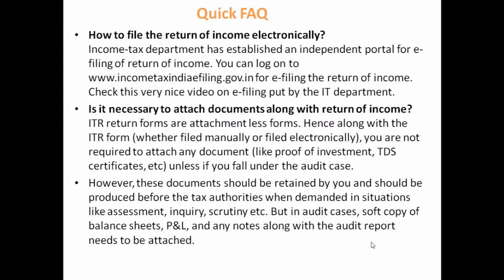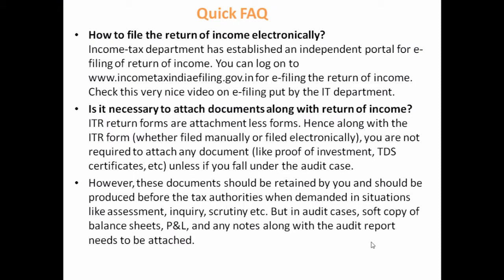The second question is, is it necessary to attach the documents along with the return of income? Yes, ITR forms are attachment-less forms, and hence along with the ITR form you are not required to attach any documents like proof of investment or TDS certificates, unless you fall under the audit case.